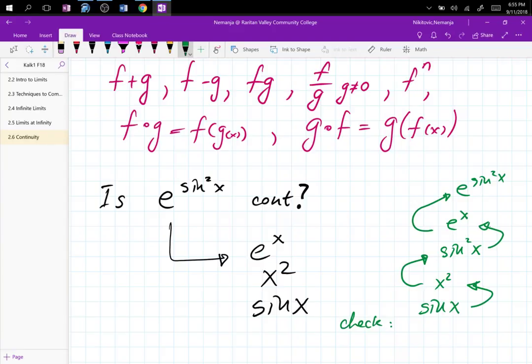We are going to do this decomposition to the point you're going to get sick in this class, because the most important and most used derivative rule, called chain rule, depends on this type of calculation, of decomposition. So you need to know this. So, e to the x is the outer shell.